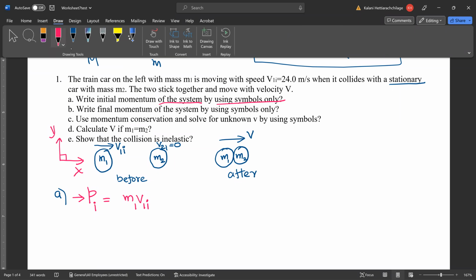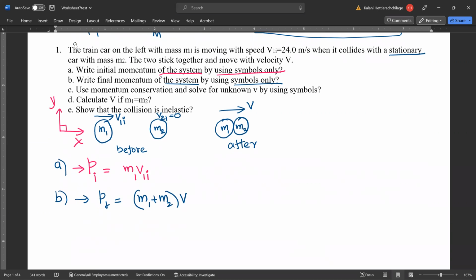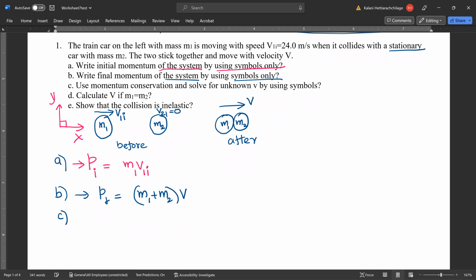And then part B is saying, write the final momentum of the system, again for the system by using symbols. So we're going to use the same direction. P final is equal to m1 plus m2, both moving with the same velocity. Okay, so now we're done with B, and now C: use the momentum conservation to solve for the unknown v by using symbols.